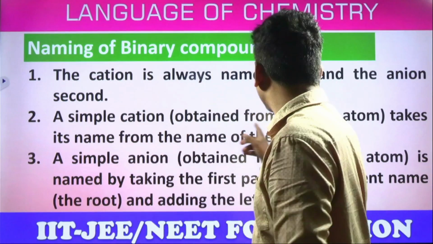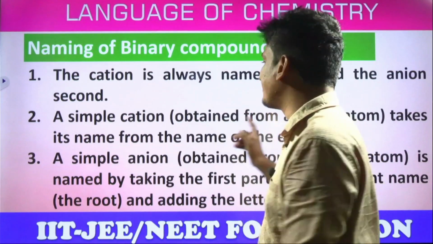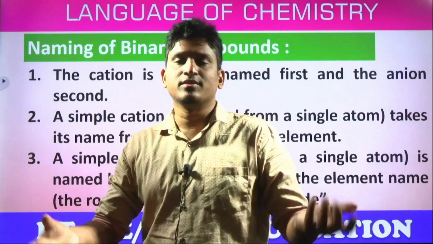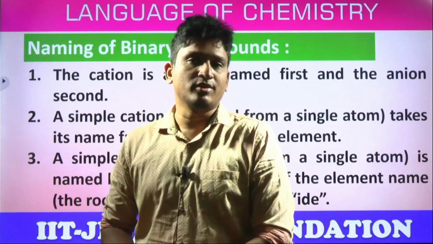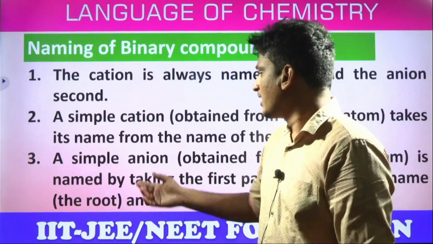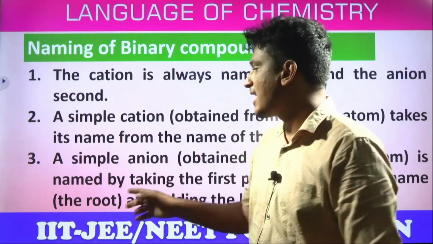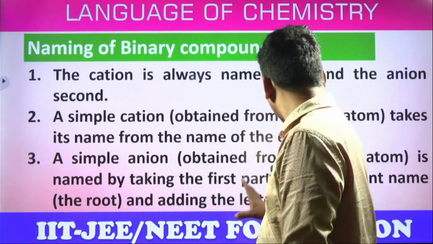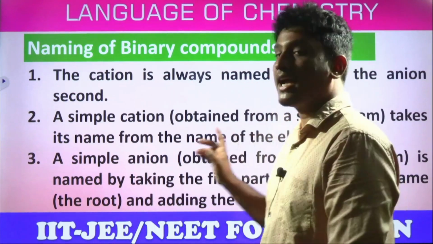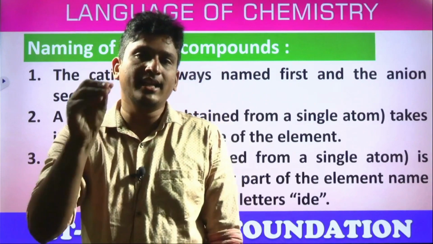A simple cation obtained from a single atom takes its name from the name of the element. A simple cation means positive. Can non-metals be positive? No, metals only. So their name is directly coming from the element name. A simple anion obtained from a single atom is named by taking the first part of the element name, that is the root word, and adding the ending ide.